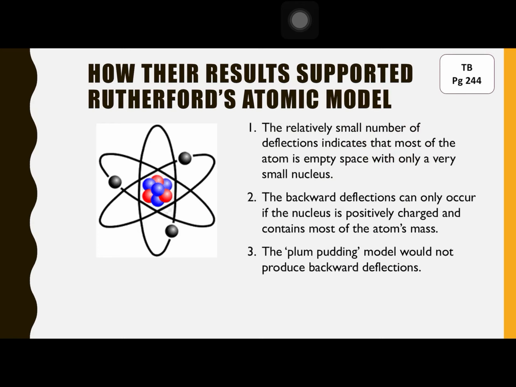The backward deflections can only occur if the nucleus is positively charged and it contains most of the atom's mass, and the plum pudding would not produce backward deflections. It would produce deflections but not backwards, because the masses were all spread out.